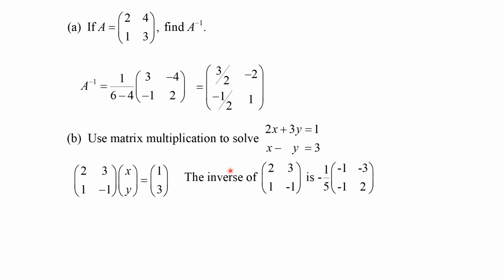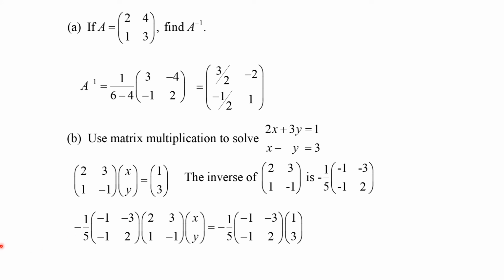In this case, the inverse of the matrix 2, 3, 1, -1 is given here, 1 over AD minus BC. Then we swap the A and the D, and we multiply the B and the C by -1, using the formula for the inverse matrix. After identifying the inverse, we need to multiply it with 1, 3.